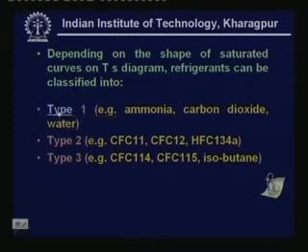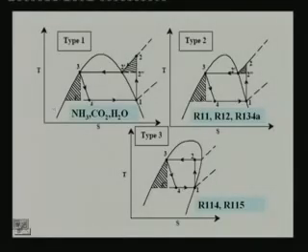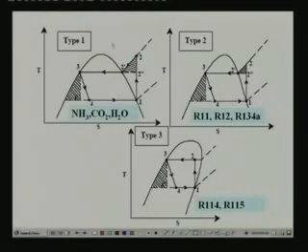Type 1 refrigerant has a TS vapor dome like this. The vapor dome is almost symmetrical. Since the vapor dome is symmetric, the losses due to the superheat horn and due to throttling are of almost the same magnitude, that means both are important for type 1 refrigerants.